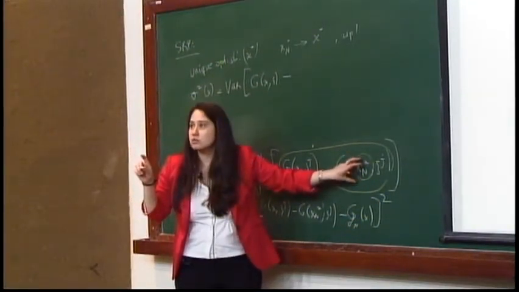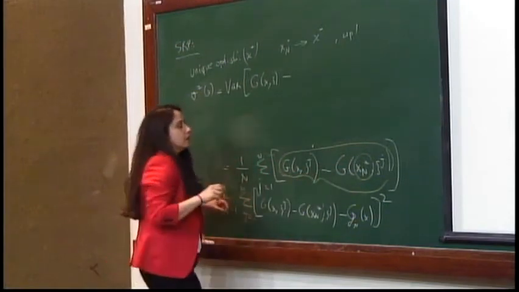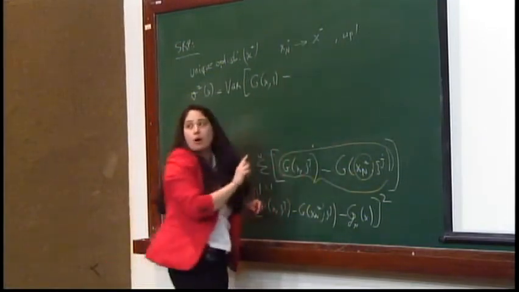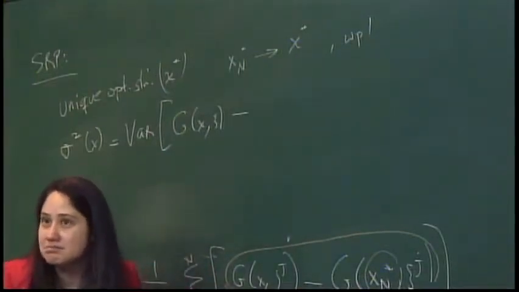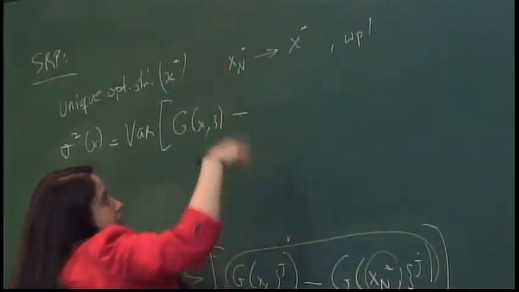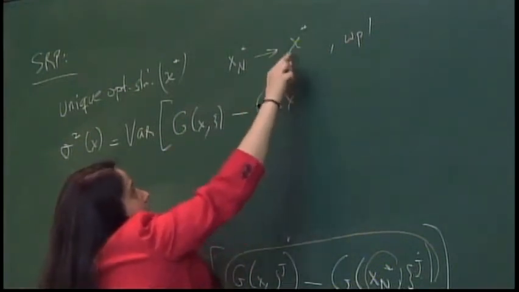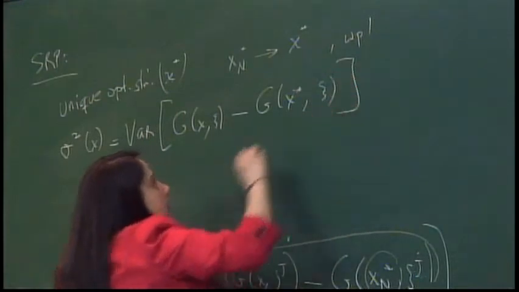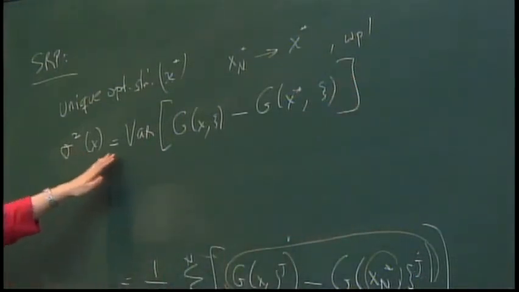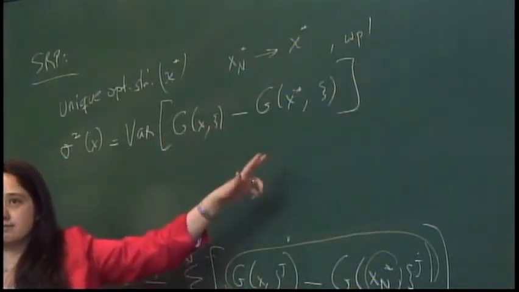It's the optimal solution of the SAA problem. Instead of that, I'm going to use a true optimal, which is a fixed quantity. If I knew it, it's a fixed vector, right? G of, because it's a unique optimal, G of x star, xc. Okay? So I look at the variance of these different random variables.